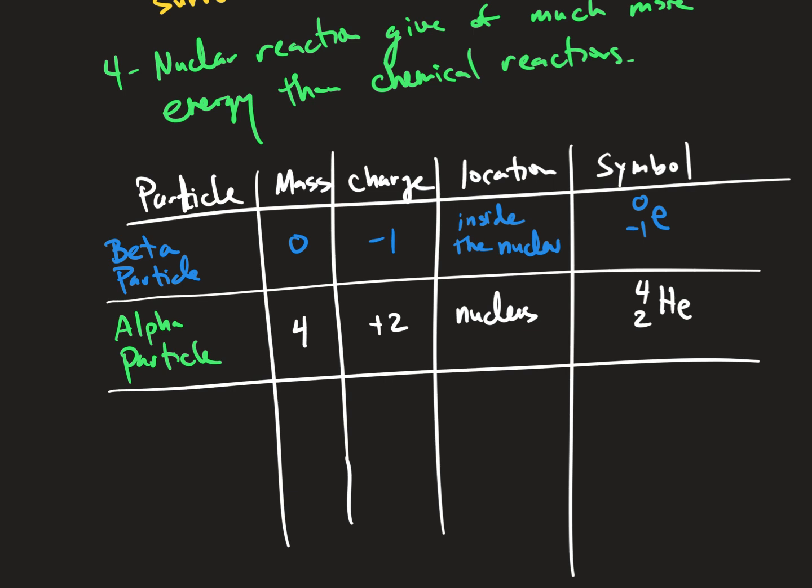And when we talk about it in terms of nuclear reactions, if we talk about a proton, the hydrogen, mass of 1, charge of positive 1, it's in the nucleus. This is a 1,1p, right? Mass of 1, it is 1 proton.